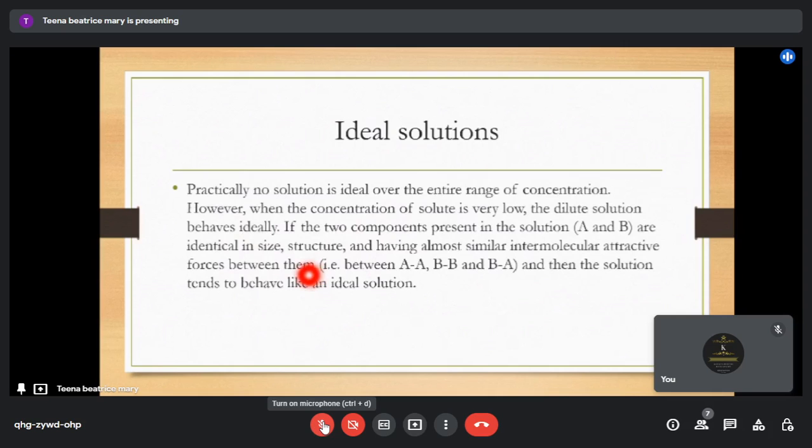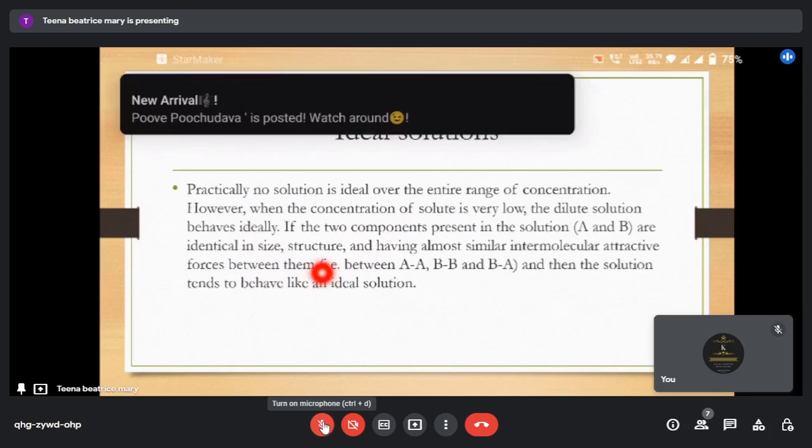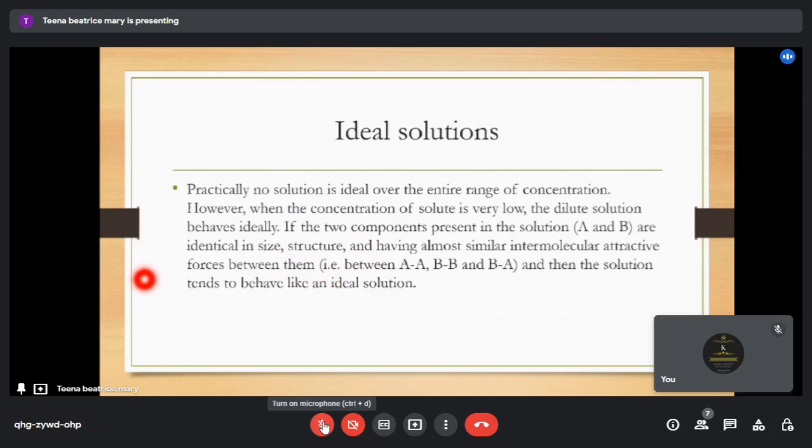If the two components present in the solution are identical in size and structure and have almost similar intermolecular forces of attraction between them, only then does it become an ideal solution.